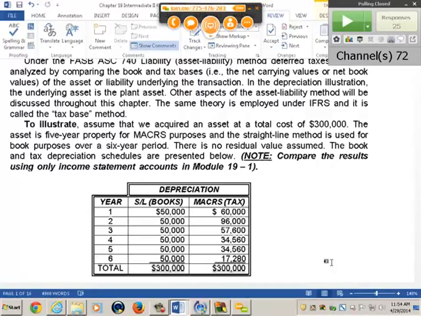And the depreciation is straight line on my books. And the second column is MACRS for tax purposes. We've got 50,000. So after 2 years, you would have depreciated the asset by 100.